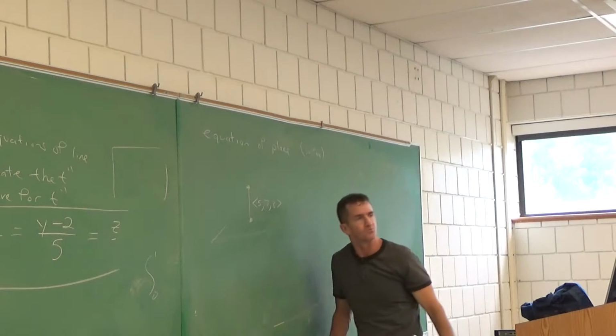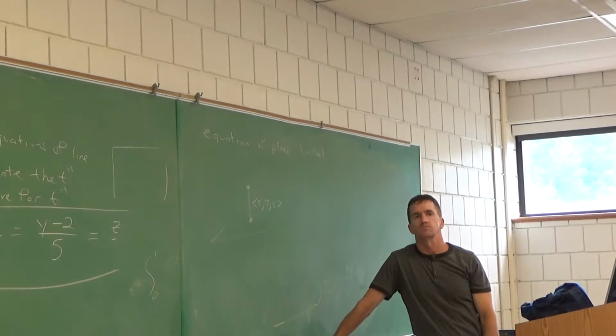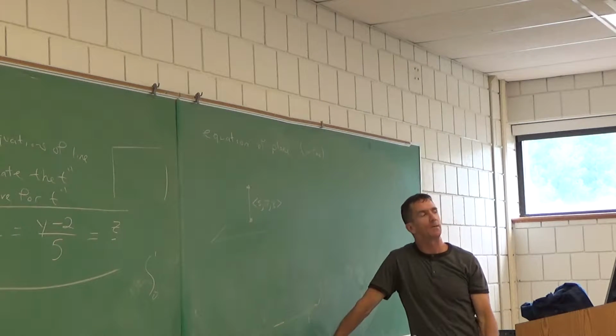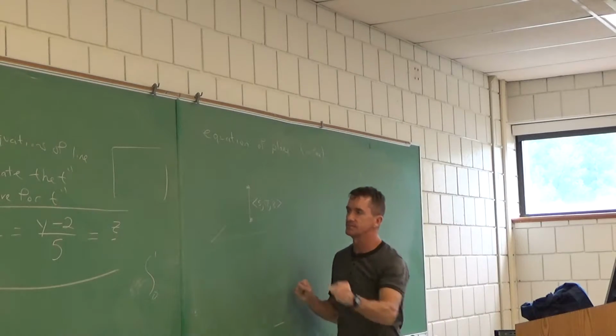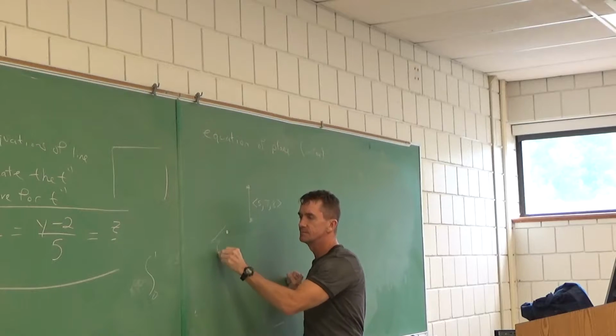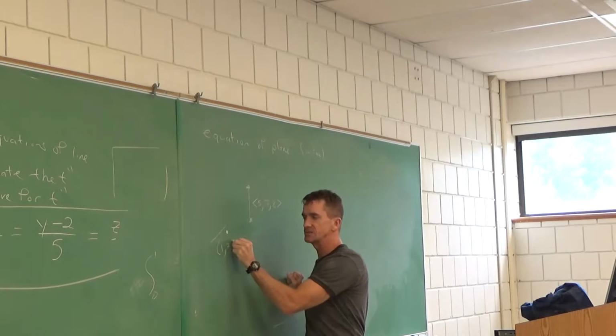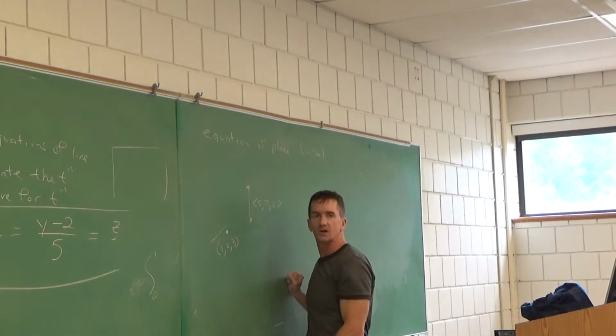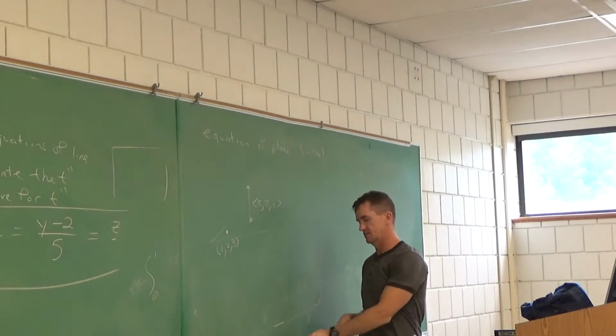Perpendicular to a plane. I'm going to pick a point and put it in the plane. Here's the point. The point is 1, 2, 3, like before, just an easy point. And you and I are going to find the equation of this plane.